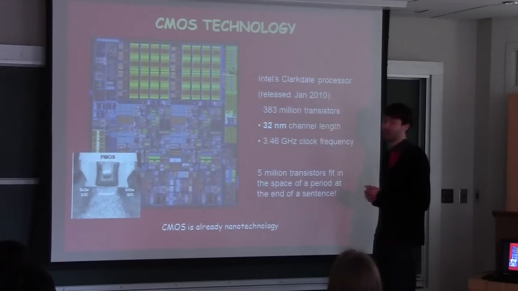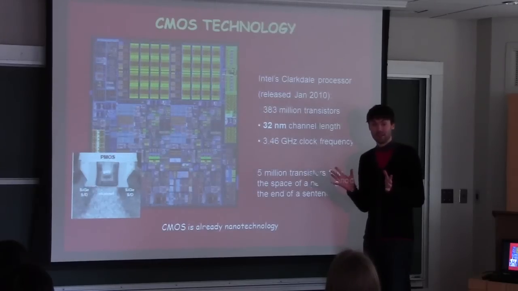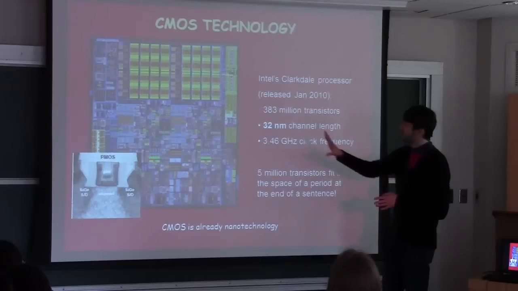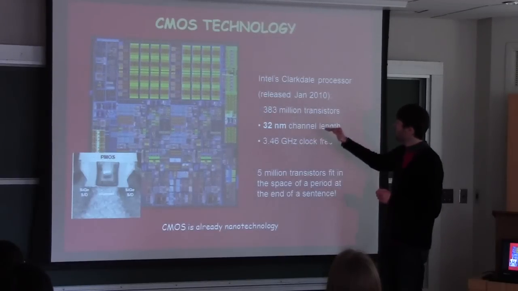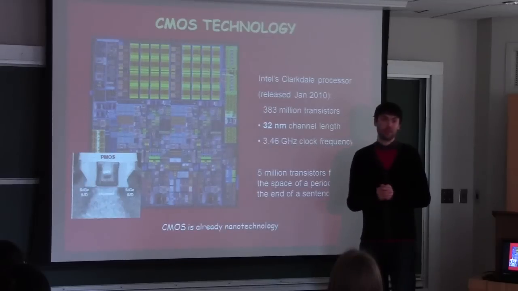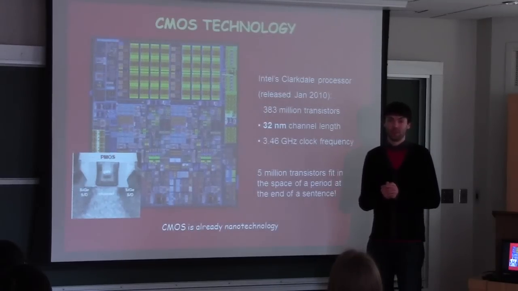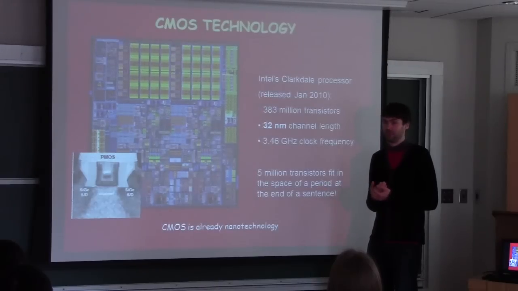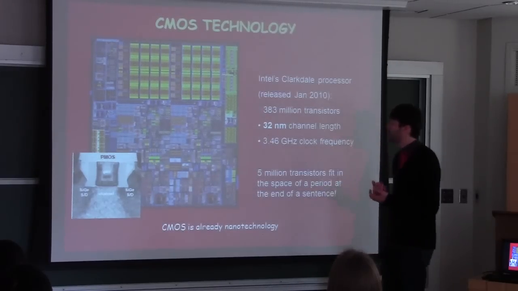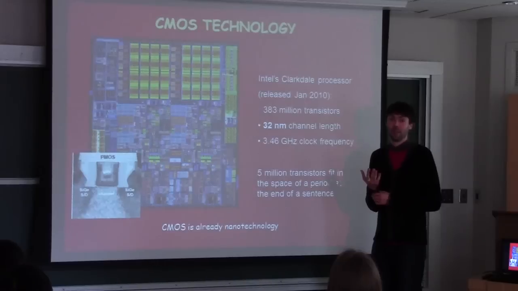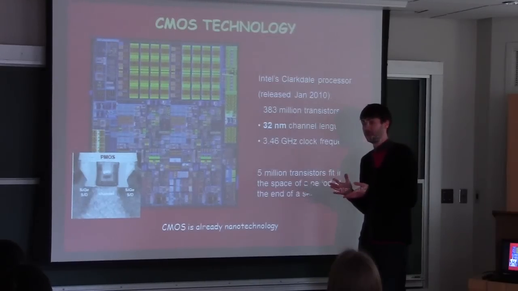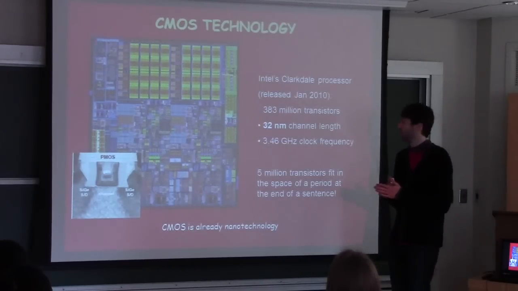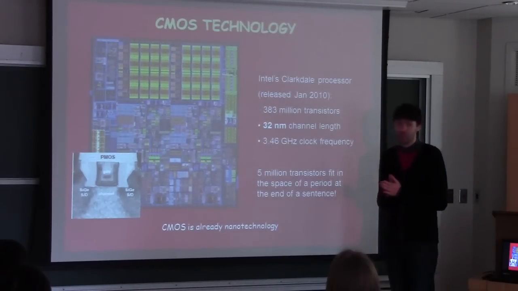In fact, we are about the right size for that. And so we are already dealing with nanotechnology here, and we must include quantum effects when we think about how these transistors function. So it's important to understand what happens if electrons are considered as quantum mechanical objects, to improve the performance of CMOS technology.